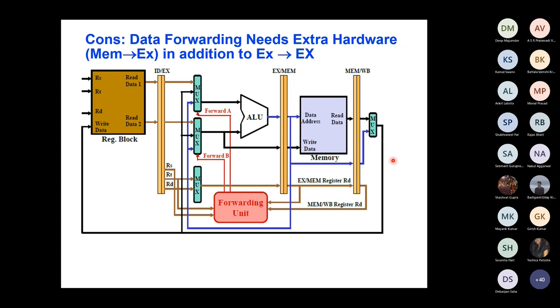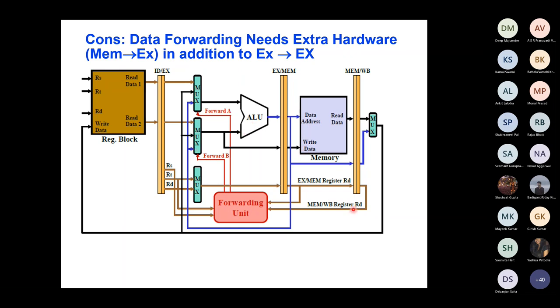So if we look into this hardware layout, these are the interface latches between ID and execute, this is between execute and mem, and between mem and write back. And these are the muxes which control the inputs to the ALU.